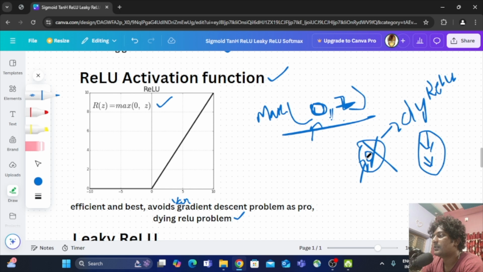If the value is 0, what can it give as an output, right? So the neuron is dead. Likewise, there will be more neurons where the input remains 0 and the neuron will be dead. So this is a problem, right? Because so many neurons will be dead. This is called the dying ReLU problem.